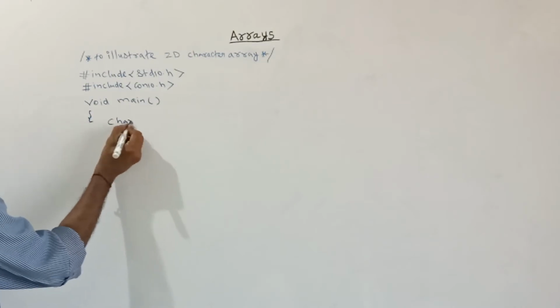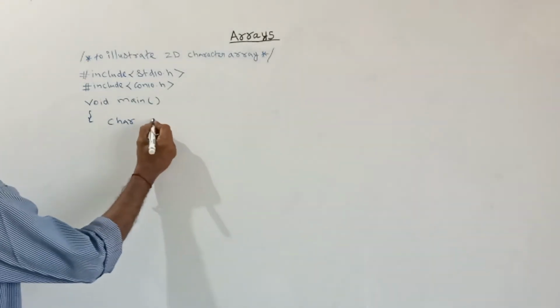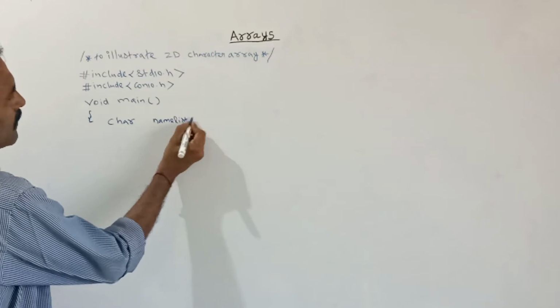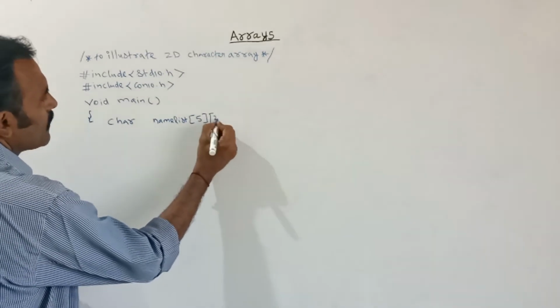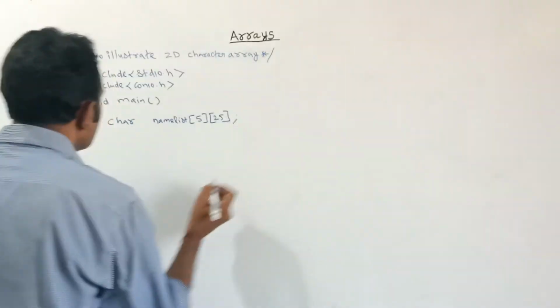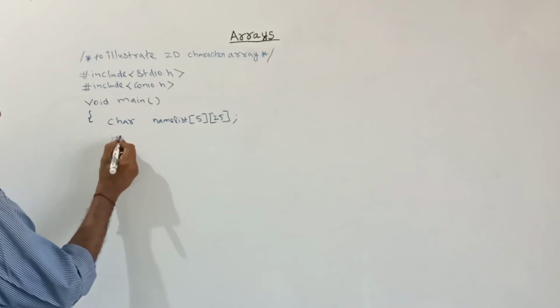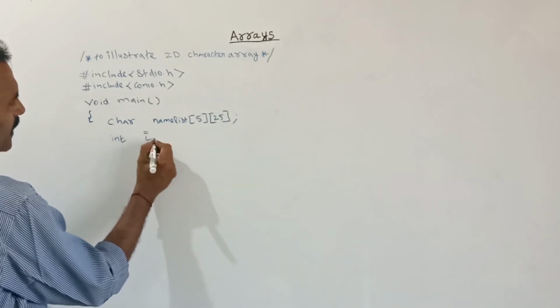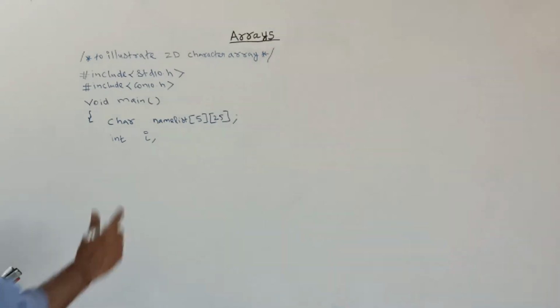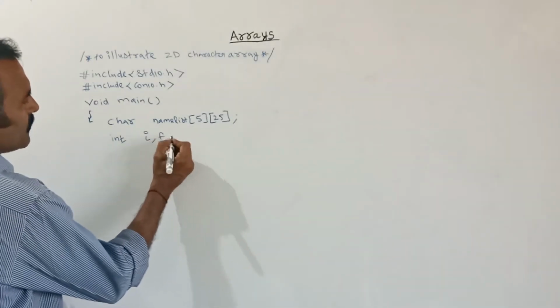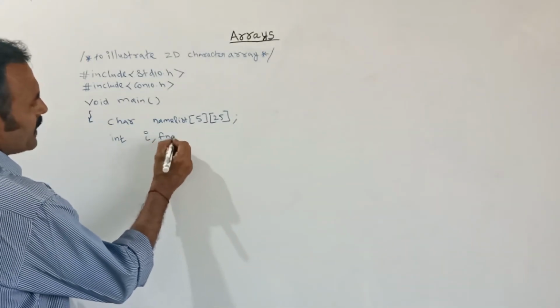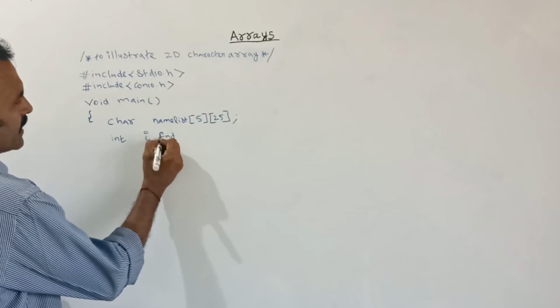Here, character name list. Next, integer variable I is used for the for loop. Next, found: I am using the variable name fnd.